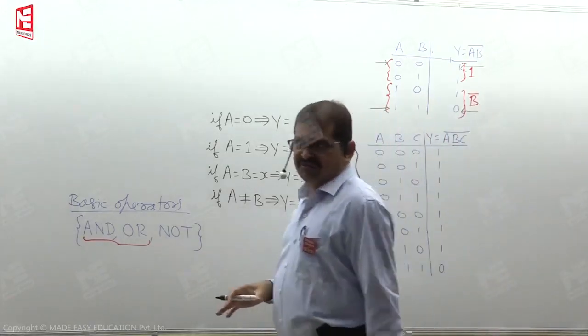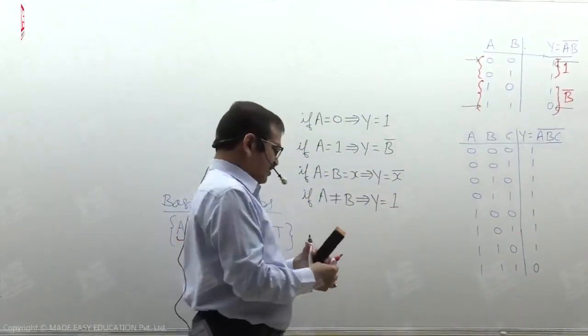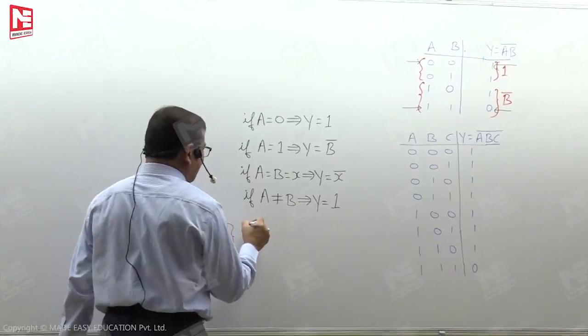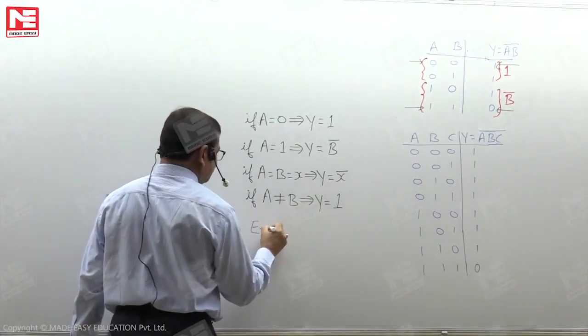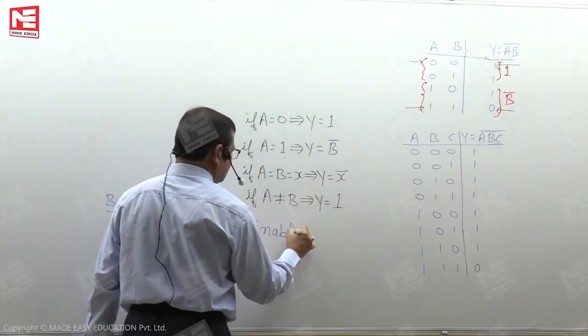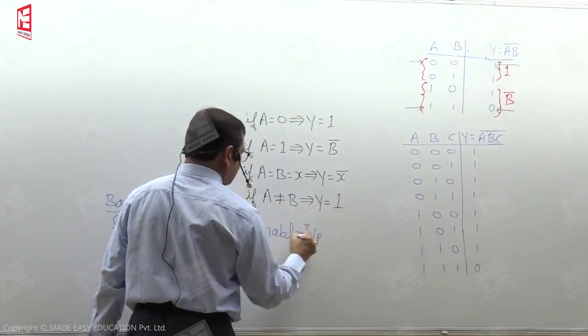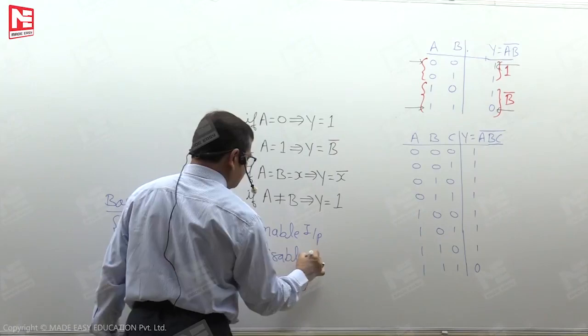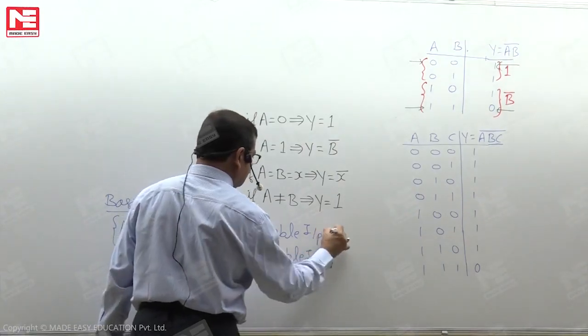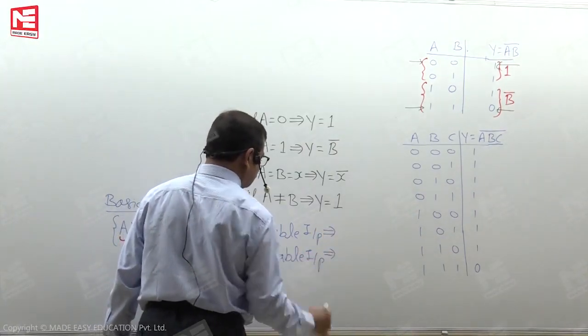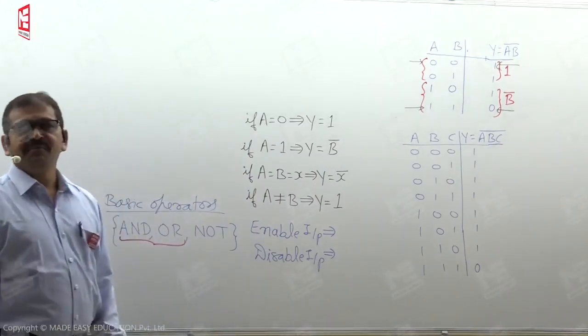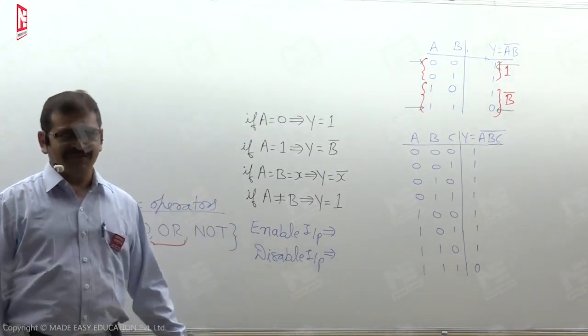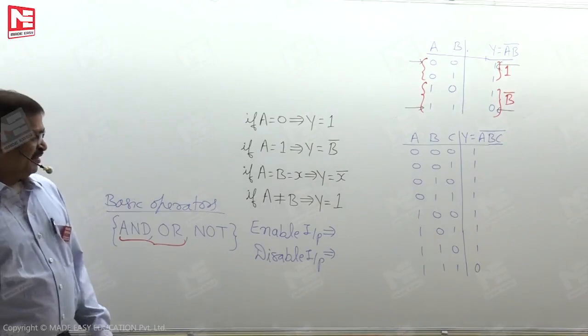Apart from this, we said we are also interested in knowing the enable and disable inputs. We are interested in saying what the enable and what the disable input of this NAND operation is.